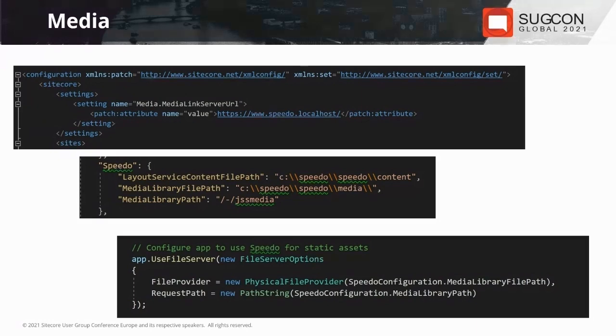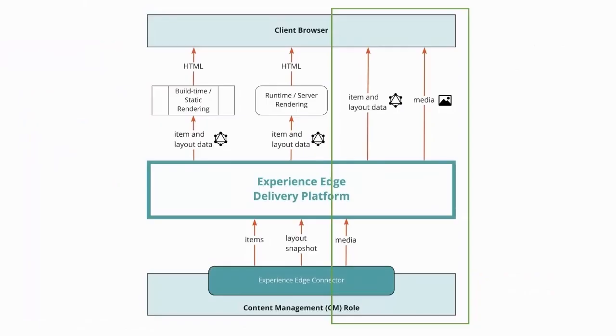But this, of course, does come with some downsides, because if we look at the total picture again on the next slide, and compare with Experience Edge, we cannot scale media in our setup because we're serving it statically from the file system.